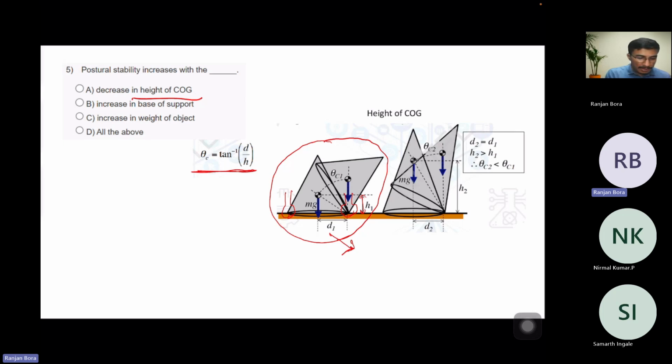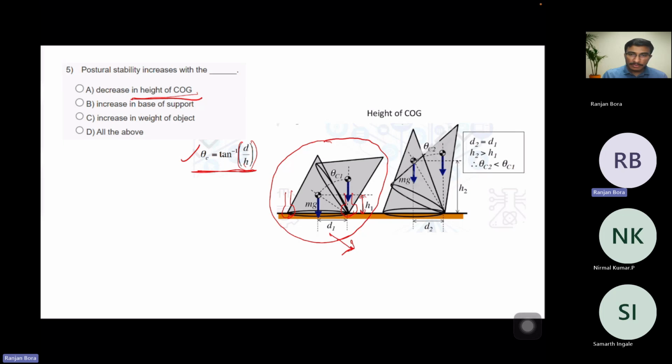If the height of the COG decreases, that means if H1 decreases, what happens? The parameter inside the bracket, D by H, will increase, and if this increases, then theta will increase.